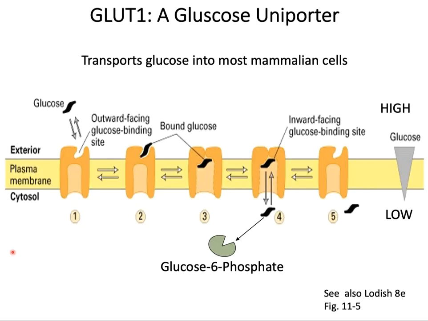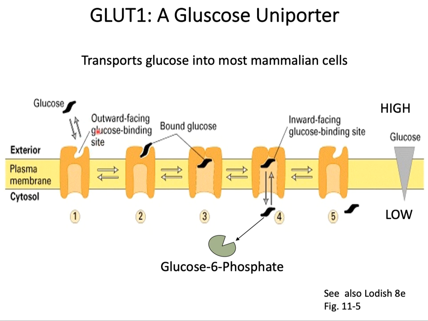So here is an example of a uniporter called GLUT1. GLUT1 is a well-characterized transporter that moves glucose into most mammalian cells by facilitated diffusion. This is a really interesting transporter because it can take on two conformations. There is a conformation in which the glucose binding site is facing outside of the cell.